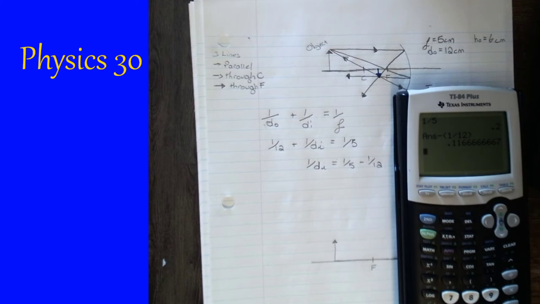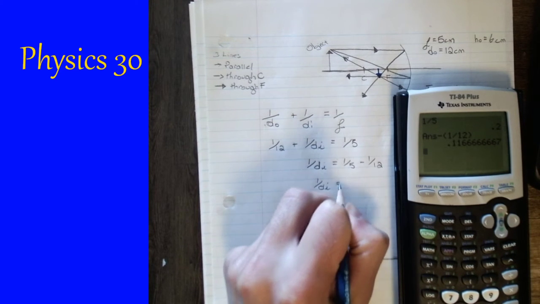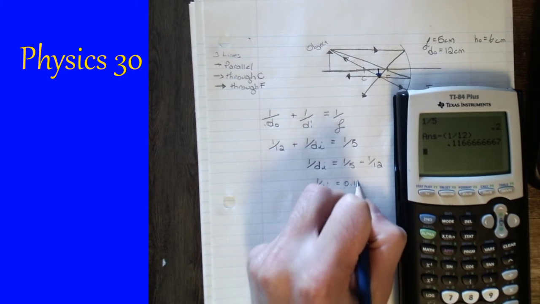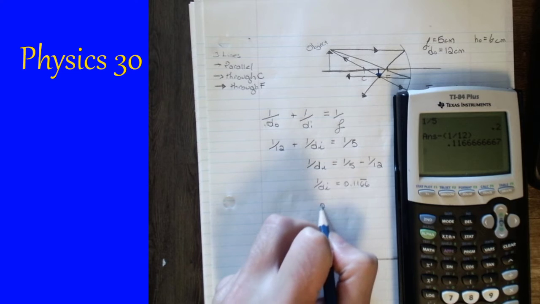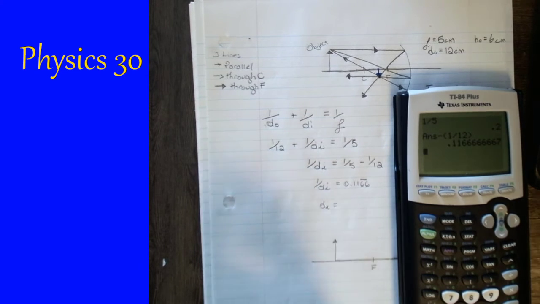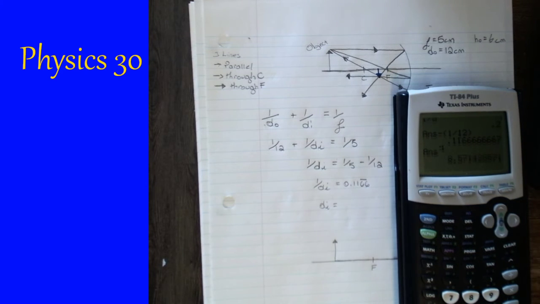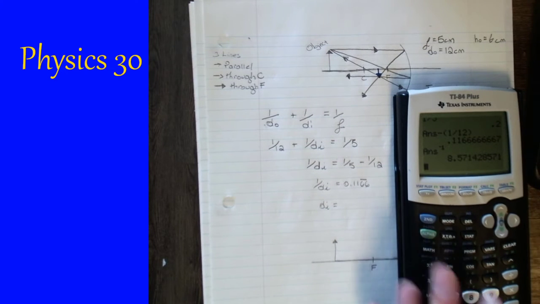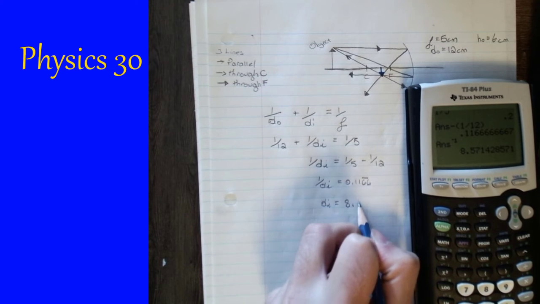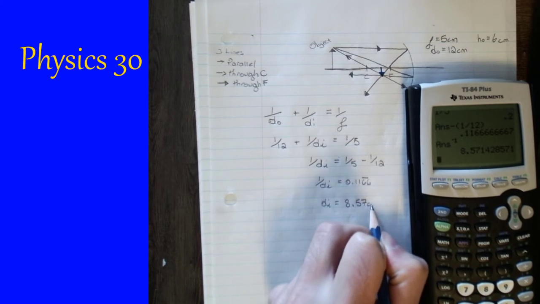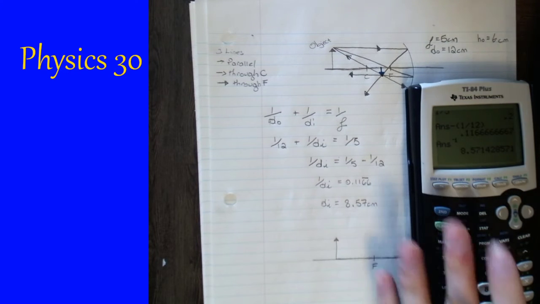That is equal to 1 over the image distance. And I don't really care about that. I just want the image distance, and so I can press a nice little button here, the inverse button, and that will give me 8.57. So our image distance will be 8.57 meters.